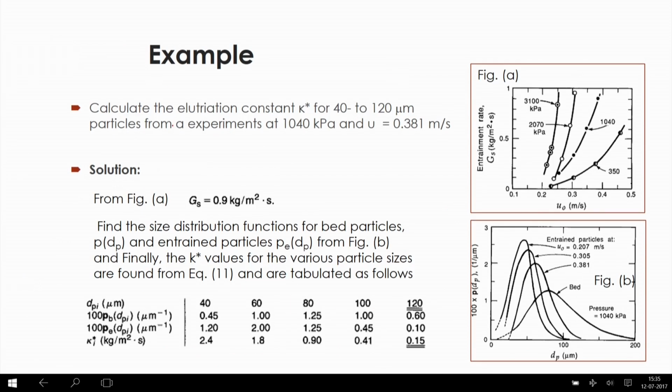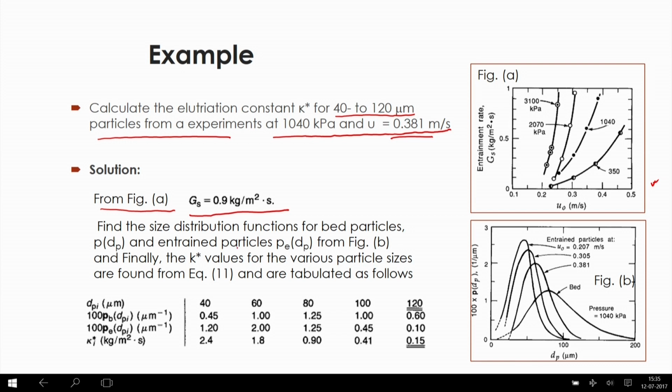Now, what should be the elutriation rate constant K star for 40 to 120 micrometer particles from an experiment at 1040 kilopascal, with a fluid velocity of 0.381 meter per second? In this case, what is the Gs? It is very simple to calculate from figure A, with respect to the velocity of the fluid.